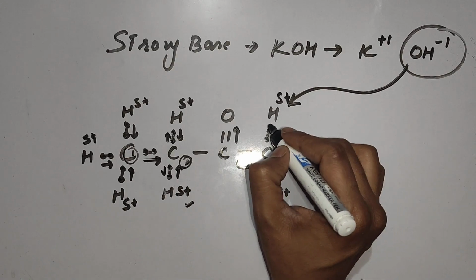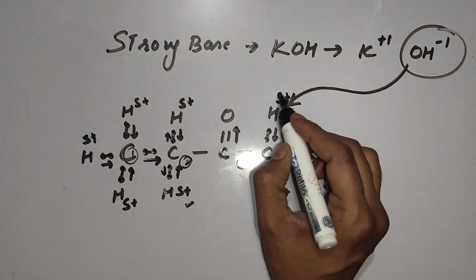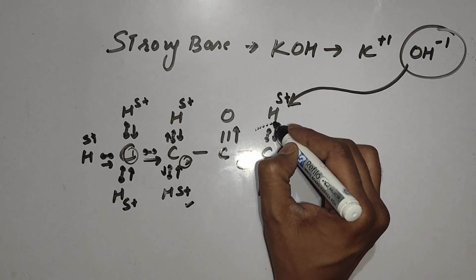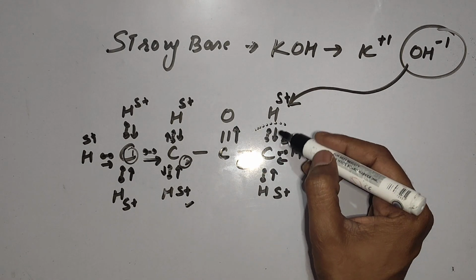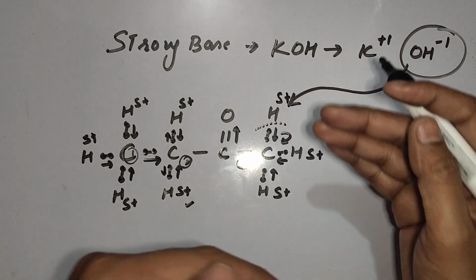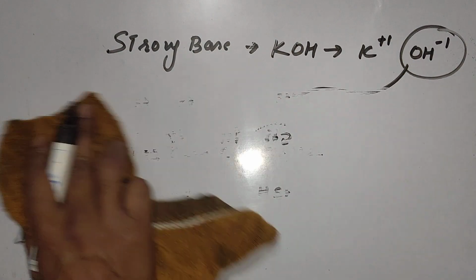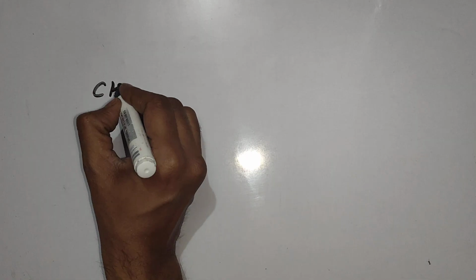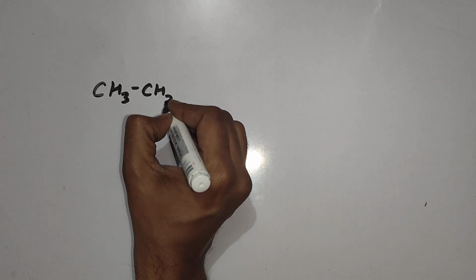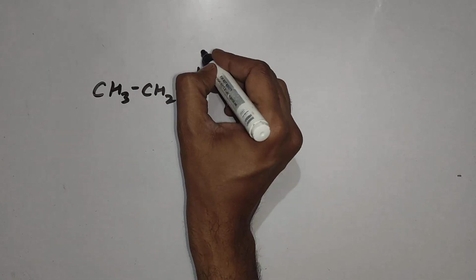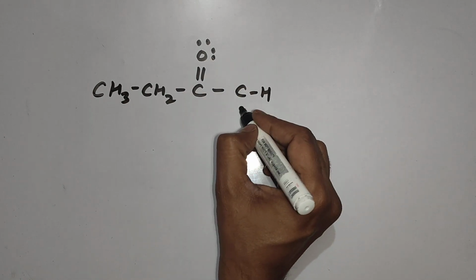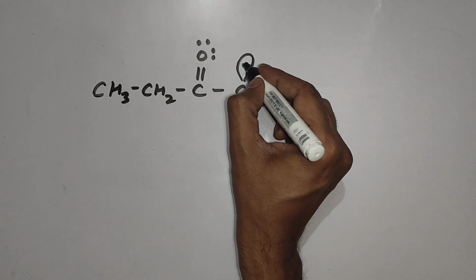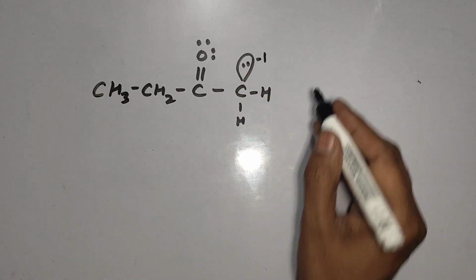So what will happen? The bond between hydrogen and carbon will break, and obviously electrons will completely shift toward carbon, because carbon is more electronegative than hydrogen. So what will be the next condition? Your ketone particle will turn to this, and what will be released?